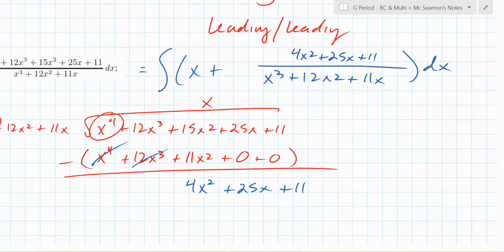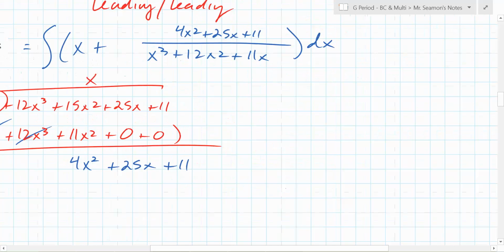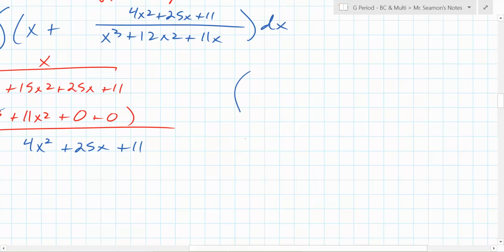Everybody remember long division, you get to the remainder? So this fraction right here is the same as x plus the remainder over the original. Now, why did we do that? We did that because when you're doing the integral of the sum of two things, you can break them into two, right? So now you're just doing the integral of the remainder over this.